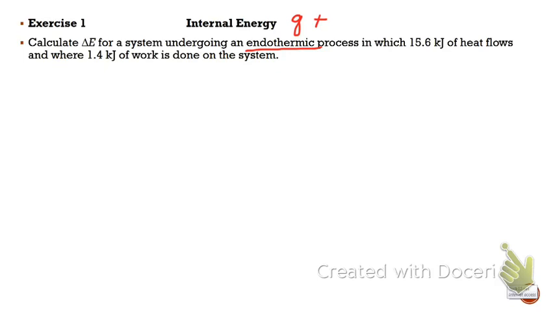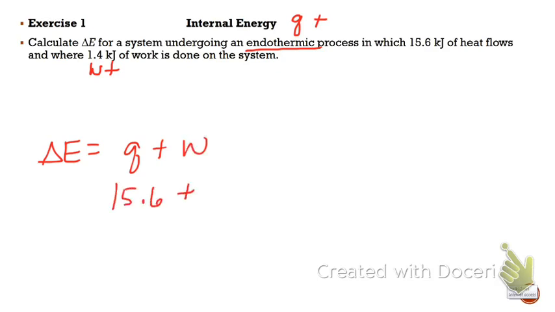If work is done on the system, what is W? Positive. So we're just simply going to plug in those numbers. Q plus W, 15.6 plus 1.4 is 17.0 kilojoules.